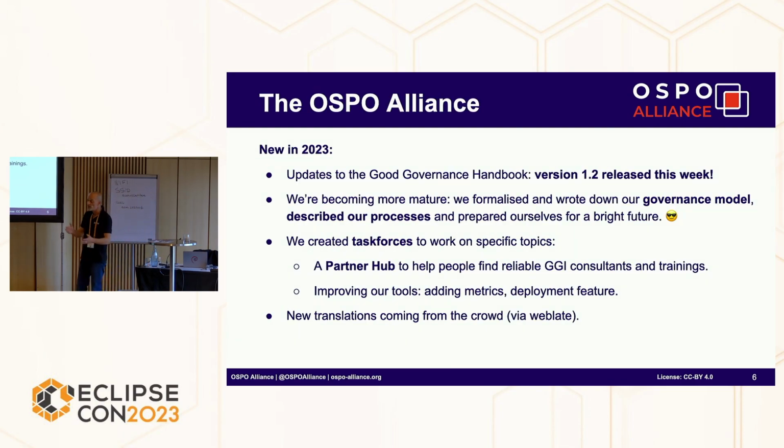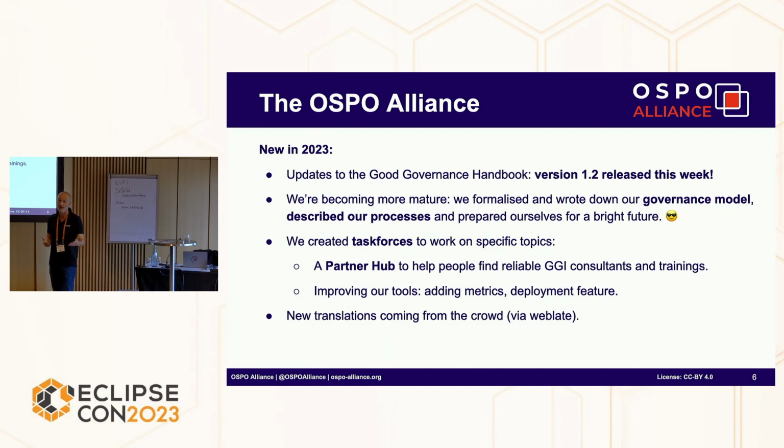What's new? Every year we publish a new version of the handbook. We add more resources, and this week actually, we published version 1.2 of our handbook. We see a lot of interest and more people joining and discussing with us about our work, because as with most open source projects, we have no idea about the extent of our dissemination.